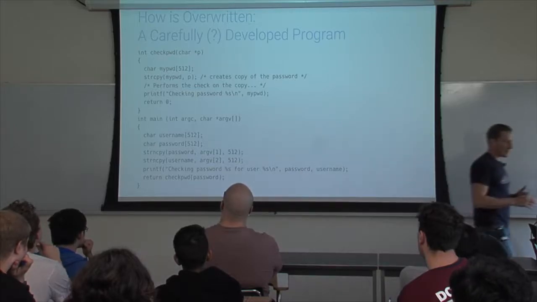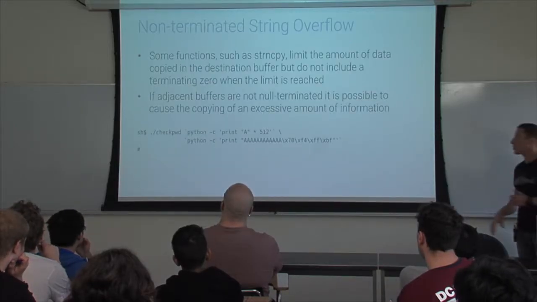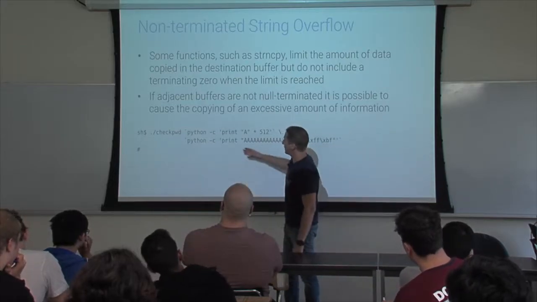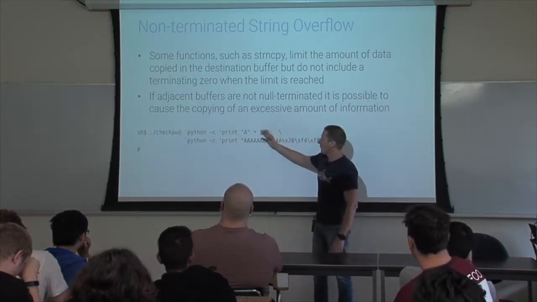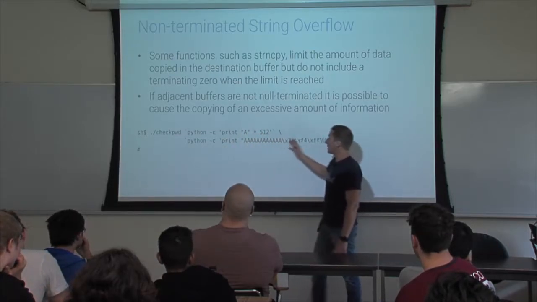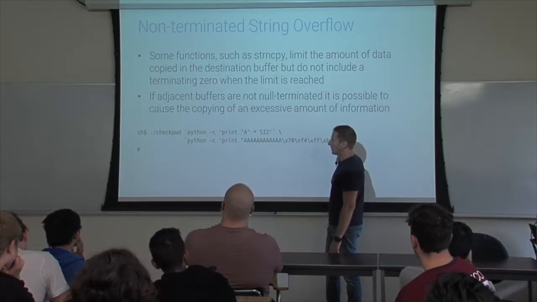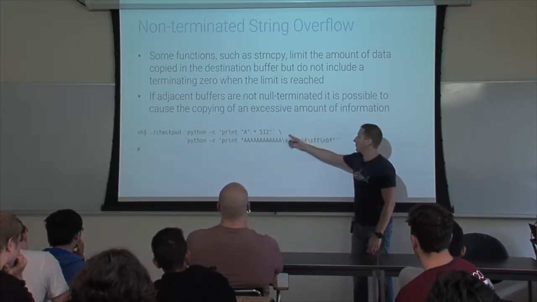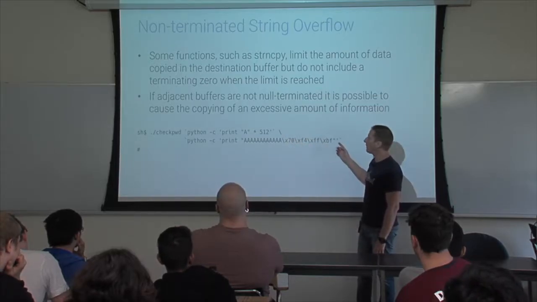Okay. So it's called a non-terminated string overflow. It's as simple as first print your 512 A's, fill the first buffer, and then send the second one, the argv2 if you want, that has more, and then the address of the buffer where to jump.